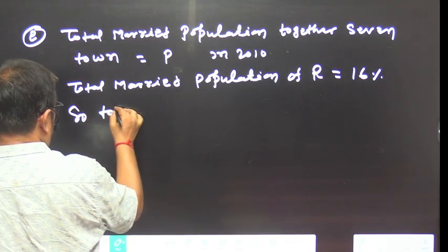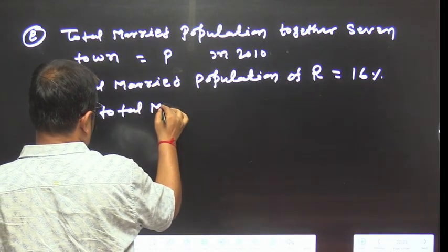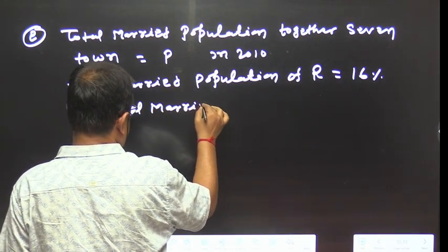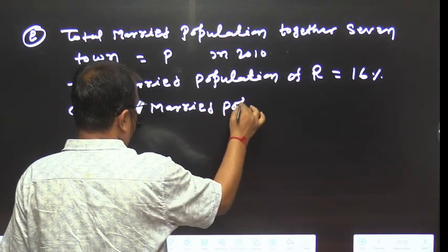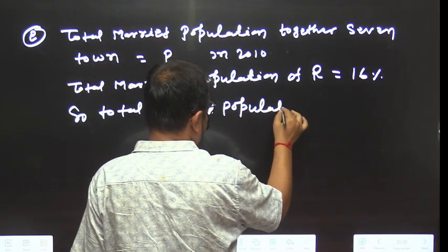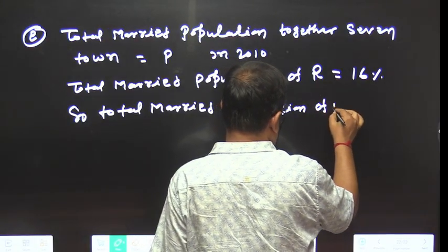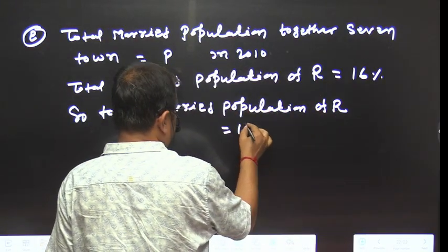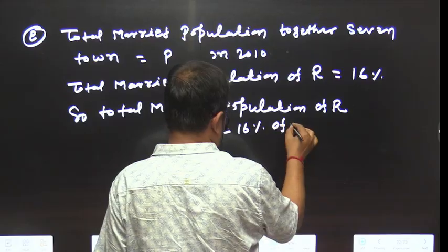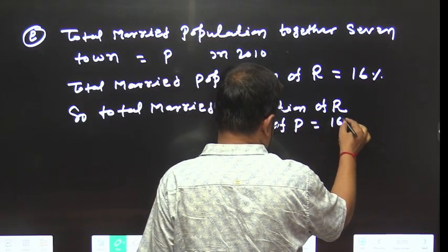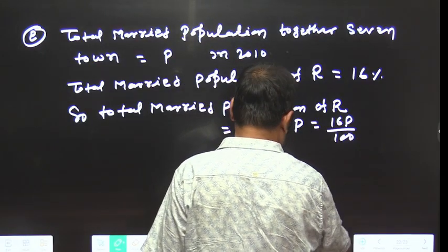So total married population of R is 16% of P, 16P upon 100.